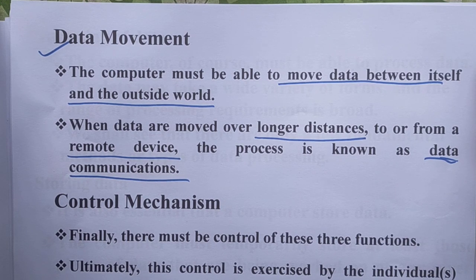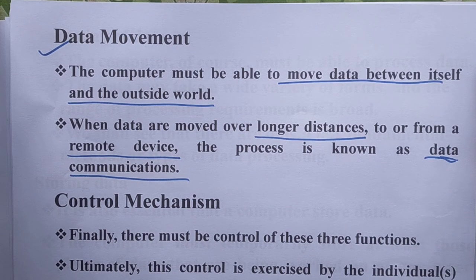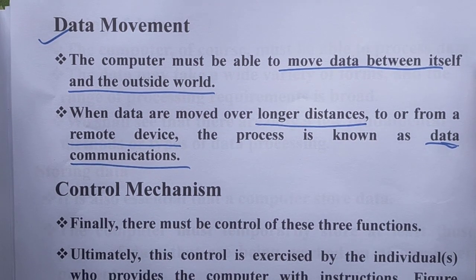Through remote devices we give some instruction or input, then the device automatically activates and acts accordingly. Similarly, in a network system, that is data communication, data moves from one place to another. So, this is data movement.